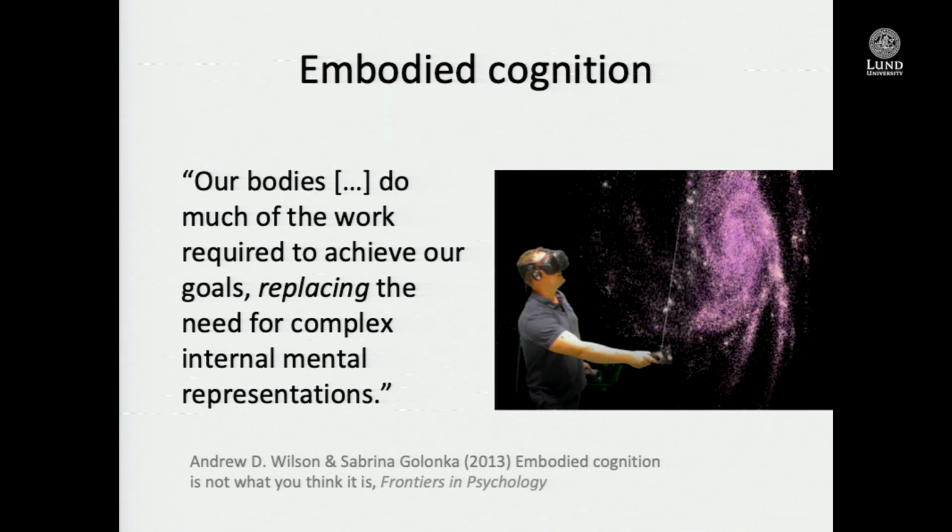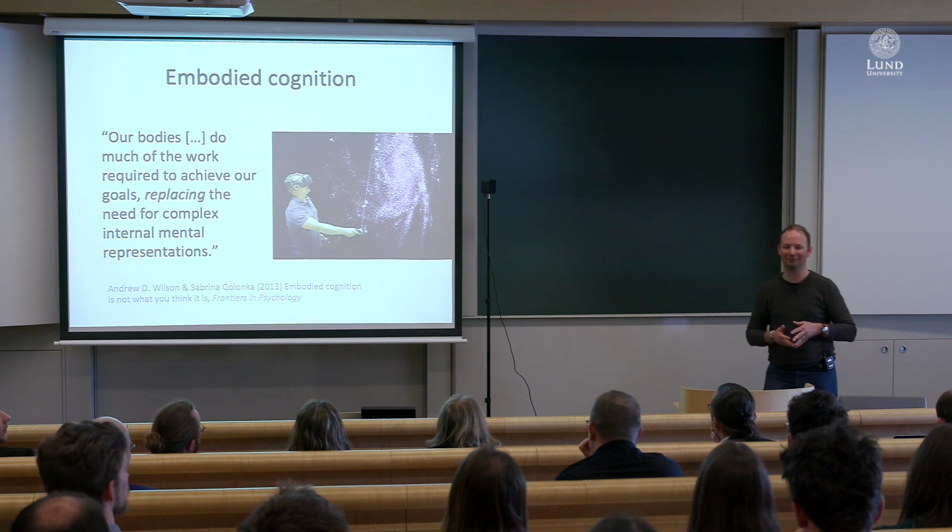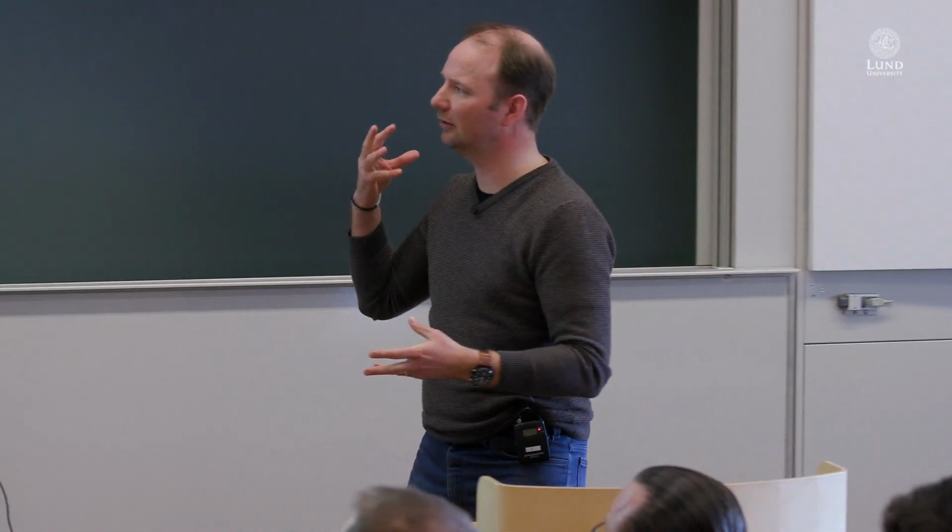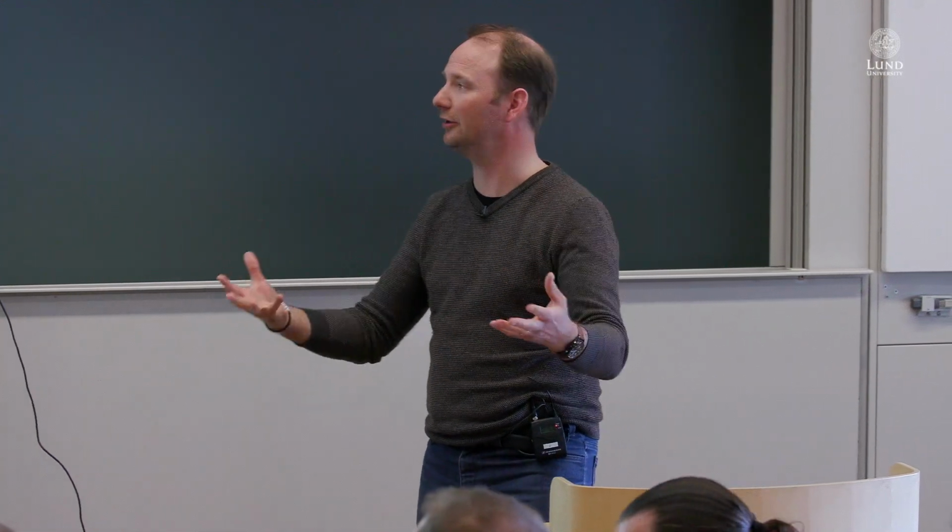There are people in this room better at this than myself, experts in cognitive science, but that's what it's saying, that we can replace a lot of our cognitive efforts with our bodies.